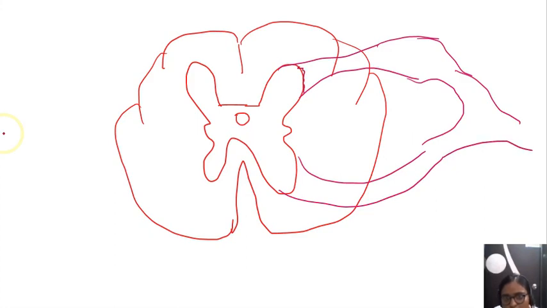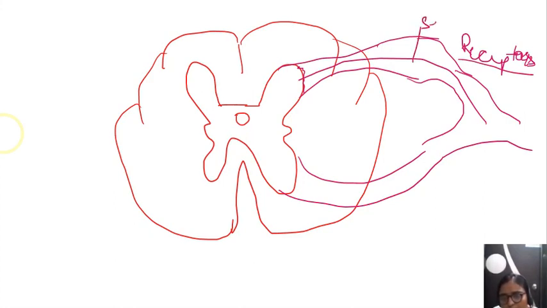For example, sensations are coming from your body via the receptors. You know that, okay? I'll not go into that detail. The sensations come from the receptors through the sensory nerve. Nerve is your neuron only, fine. Through the sensory nerve to the posterior root ganglion, and from there it has to go to the dorsal side.